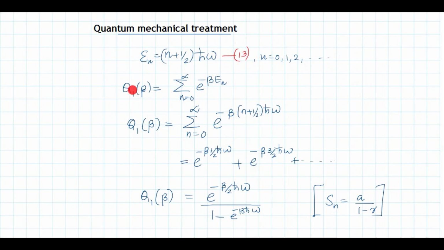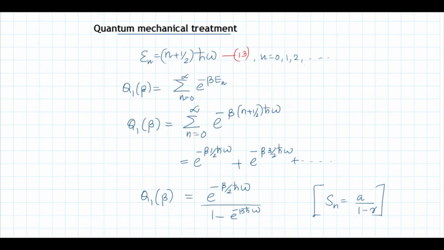And the partition function is defined as the sum over all energy states of e raised to minus beta E_n, n equal to 0 to infinity. Substituting for this E_n, you will get it like this. If you put n equal to 0, you will get e raised to minus beta half h cut omega.